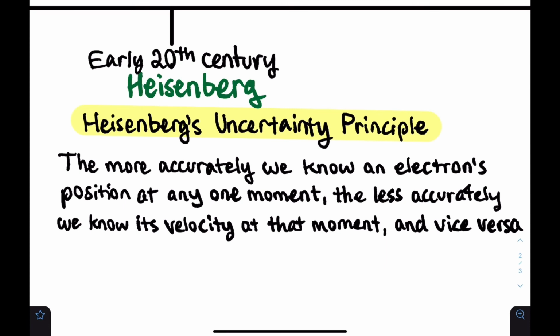But the thing is, if we try to figure out the position and we hit the electron, we've just changed its velocity. We don't know the velocity anymore. If we try to figure out the velocity, we have to let it change positions, so then we don't know the position anymore. So we can't know both of them. The more certain we are about one, the less certain we are about the other. If I think I'm really sure where this electron was, I do not know how fast it was going.